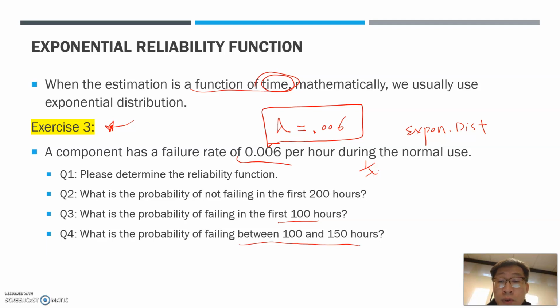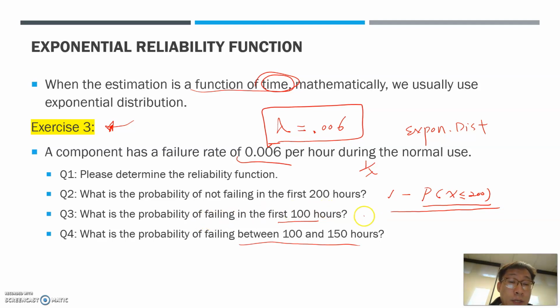And let's convert number 2 into the language of probability: not failing in the first 200 hours. This is a probability of failing within the first 200 hours, so this makes it not failing within the first 200 hours.